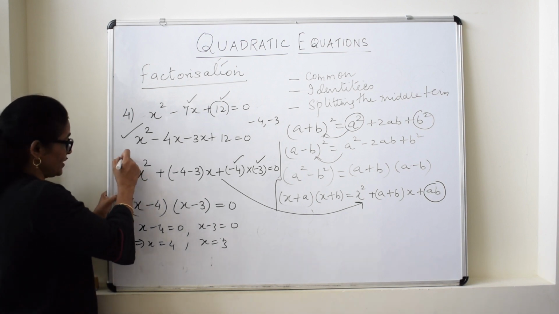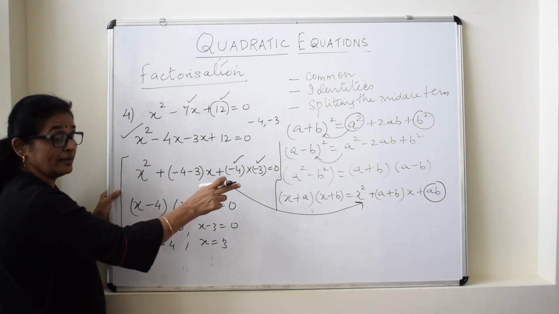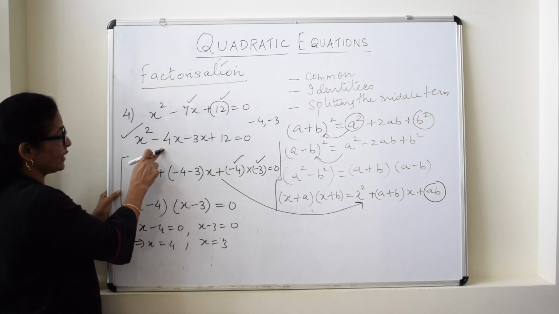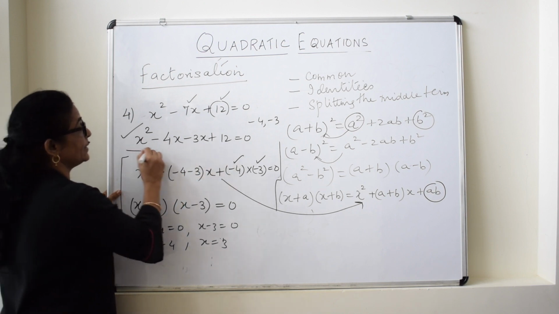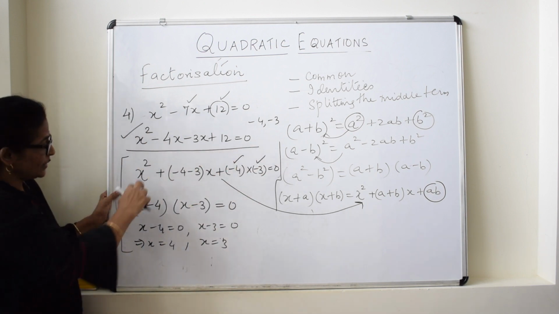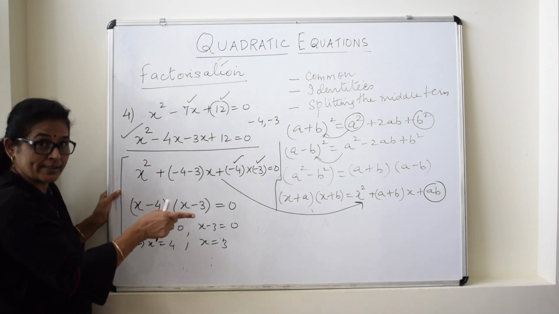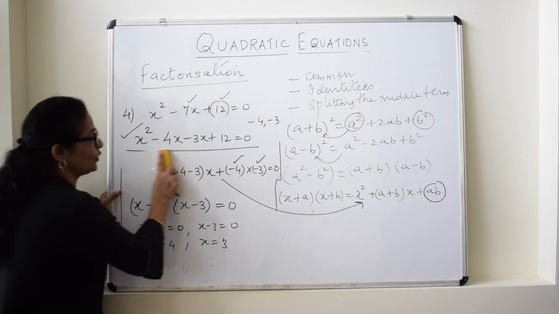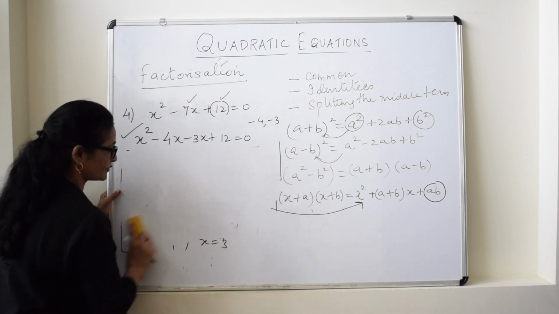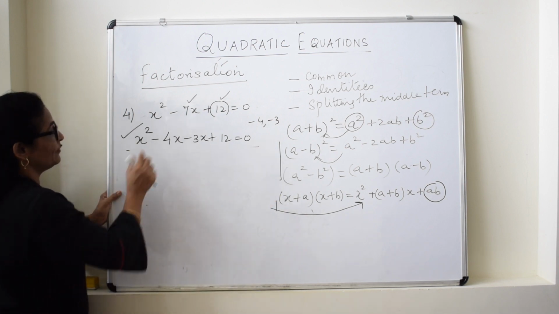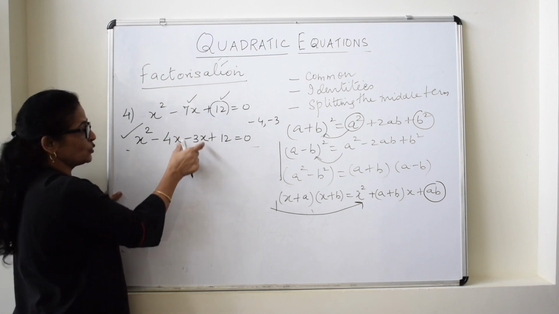So here I have applied the identity. But if I directly want to do this by splitting the middle term, this part will change a little bit. Same question, two ways I am telling you. So, splitting the middle term, we have split this middle term into two parts.